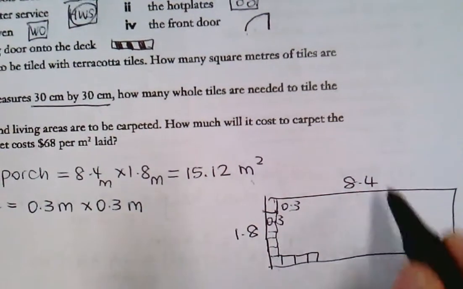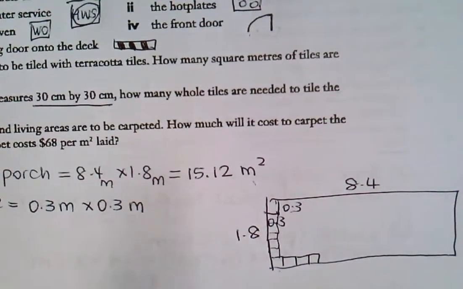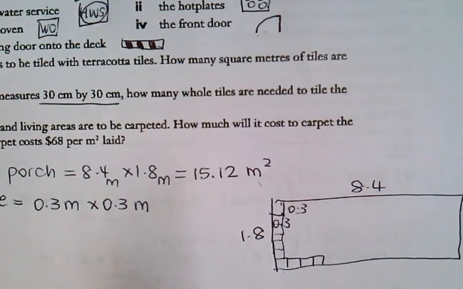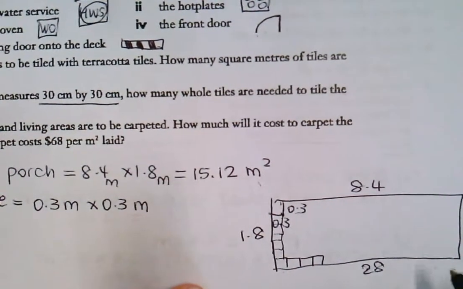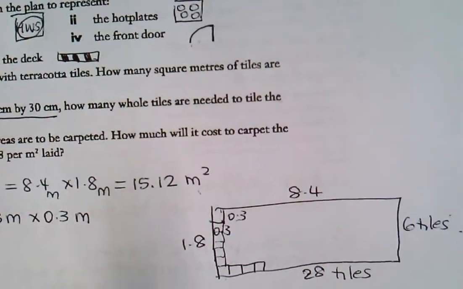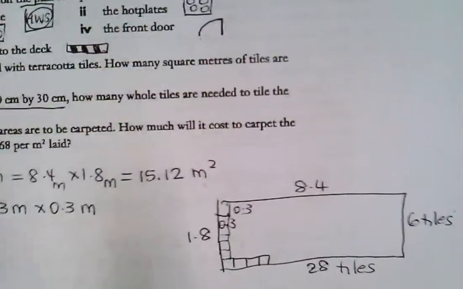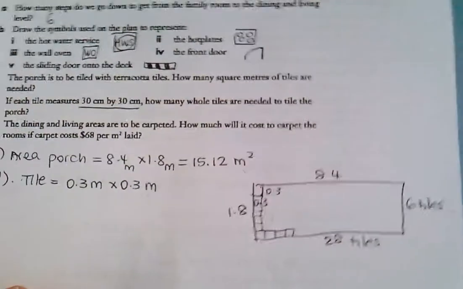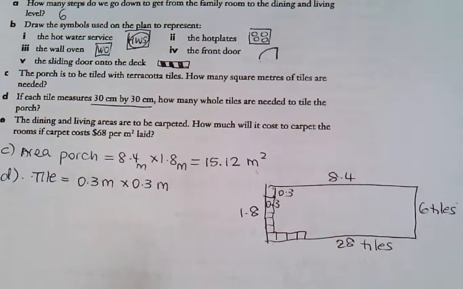Okay, so that fits. Do you want to do the same with 8.4? Divide that by 0.3. 8.4 divided by 0.3. And you'll fit 28 tiles across. Okay, so 28 tiles across there, 6 tiles here. But you don't have to do it that way. The reason I looked at it like that is to make sure that I don't have to cut some tiles at the end.